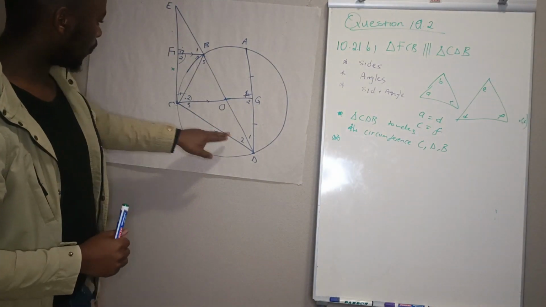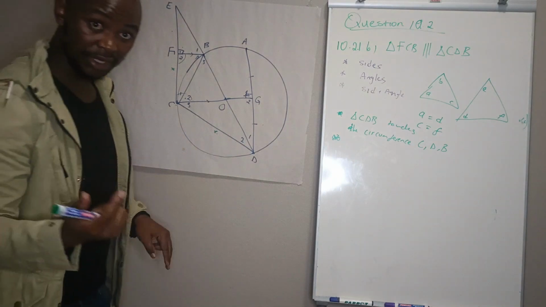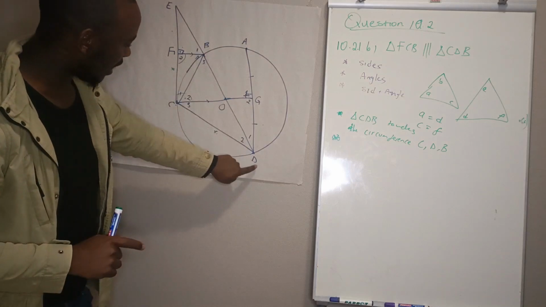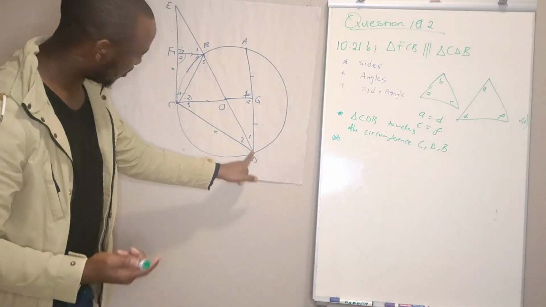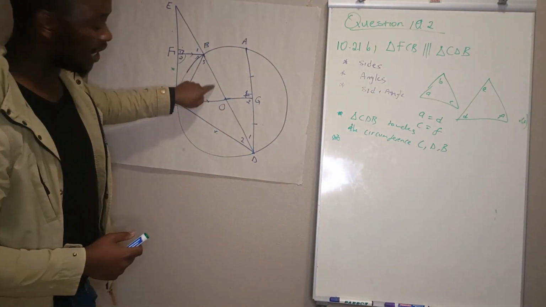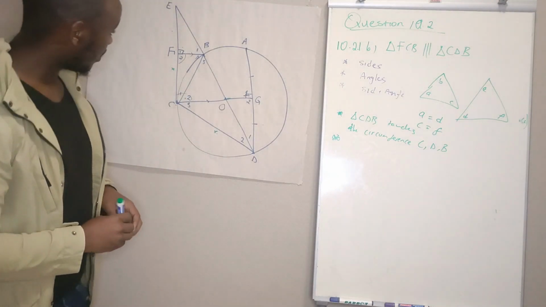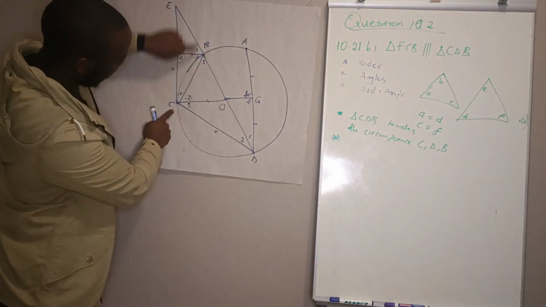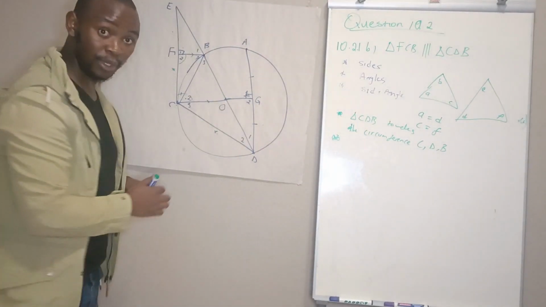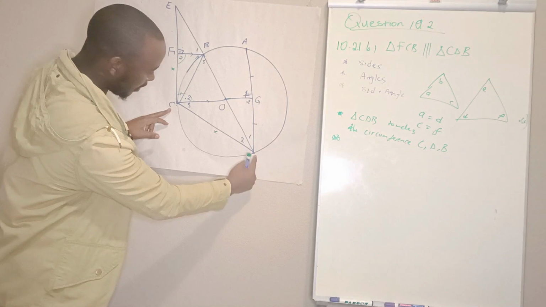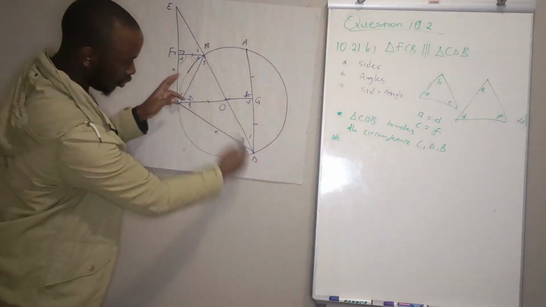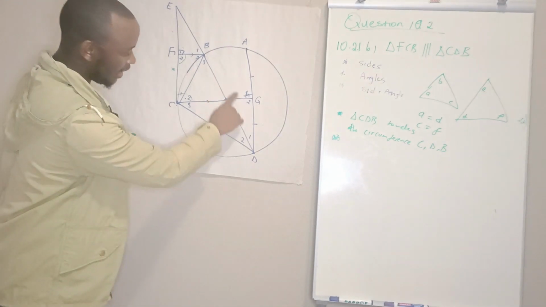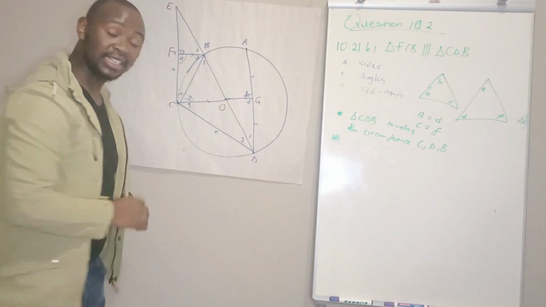So another one is, there's something special which they told us in the statement that DB is a chord that specifically passes through the center. So it's a diameter. And because, like I said, CDB is touching the circumference on all points, when a diameter closes that specific triangle, we can already see that we can have the angle at the center being twice the angle at circumference.